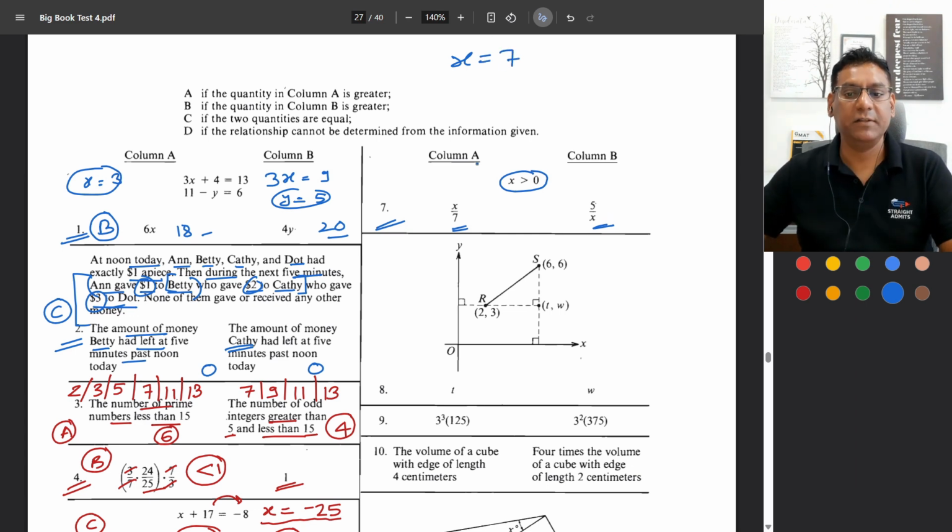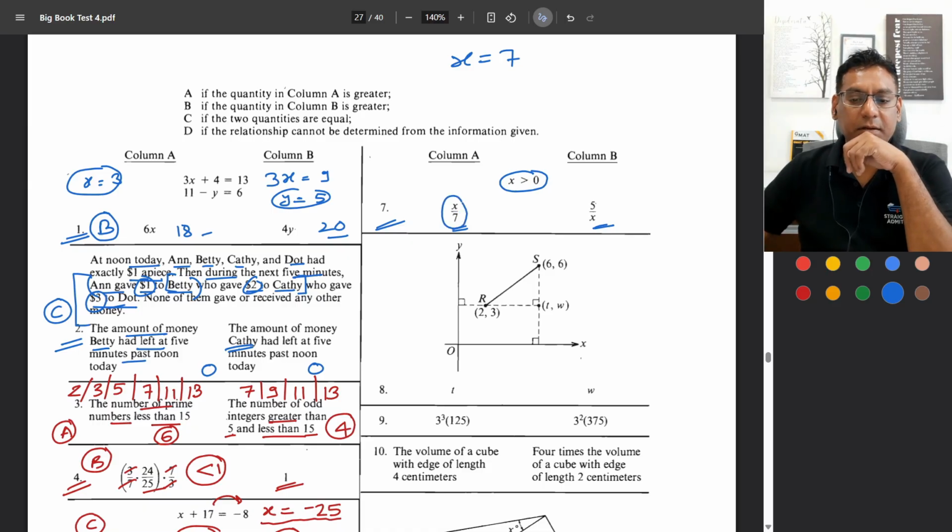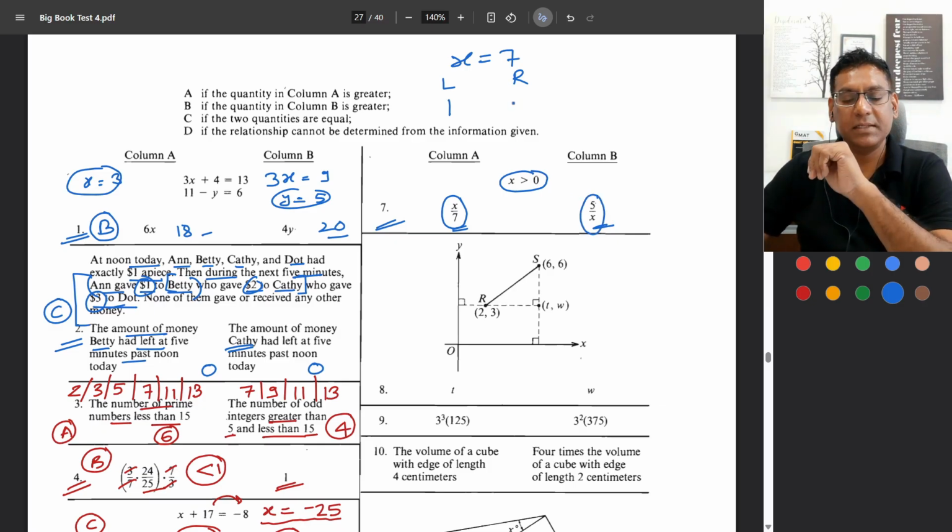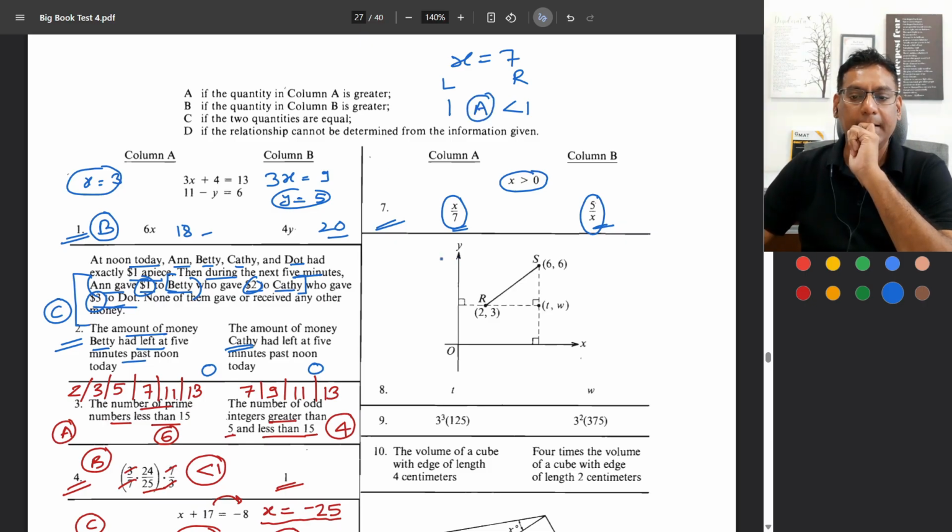Let's start with 7. So x by 7, I get 1. This is the left hand side. On the right hand side, 5 by 7 is going to be less than 1, because the numerator is small and the denominator is big. So this is less than 1. In this case, I get answer as A. Let me get a bigger number.